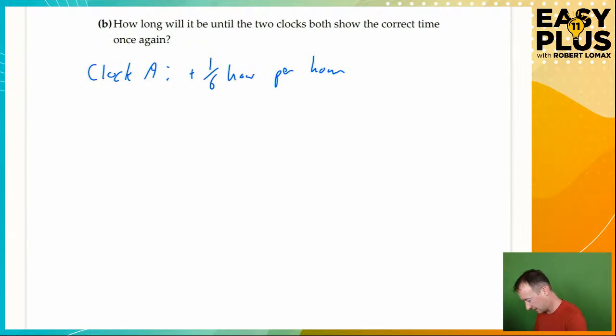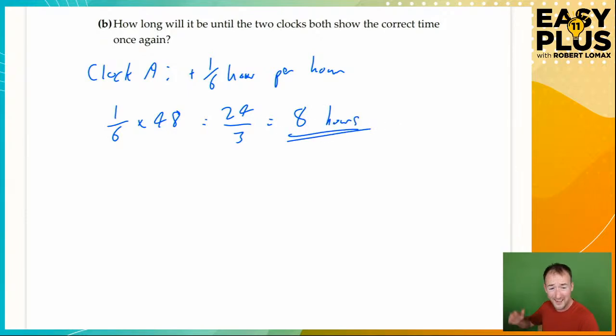Okay, sorry about my writing of hour, it's truly horrible. So after 48 hours, clock A will have gained, it will have gone ahead by a sixth of 48, which is the same as 24 divided by 3, which is the same as 8 hours. So clock A will be 8 hours ahead after 48 hours. So it will not be showing the correct time.